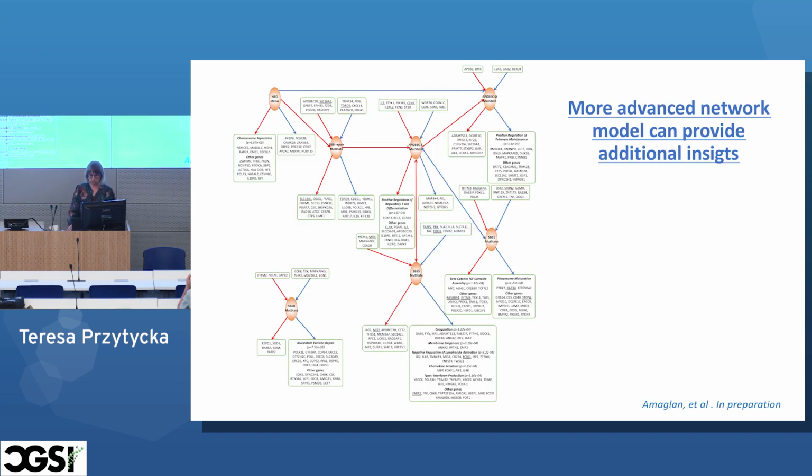So looking at the same data now with this more focused approach, we can appreciate that when you look at the genes that are associated with this unknown signature 8, we know that this is nucleotide excision repair. We also have, when we have these APOBEC signatures, we can appreciate that they are associated with immune response, and in particular with the positive regulation of regulatory T-cell differentiation, which is related also to immune checkpoints.